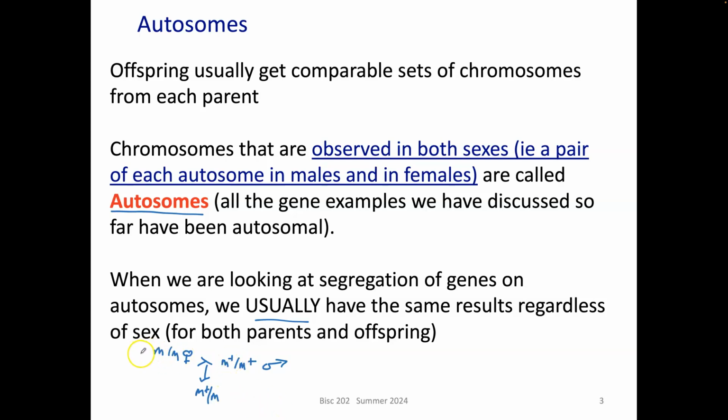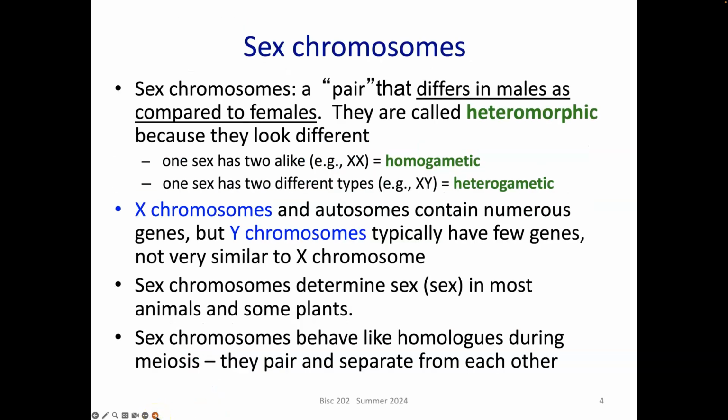And if you did the cross the other way, with males that were mutant and females that were wild type, you'd still get the same result, right? All the progeny would have a certain phenotype and genotype. But if these were sex chromosomes, you would have some different results depending on which way the cross goes. And that's one of the key points from today's lecture.